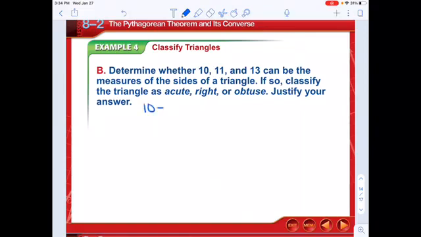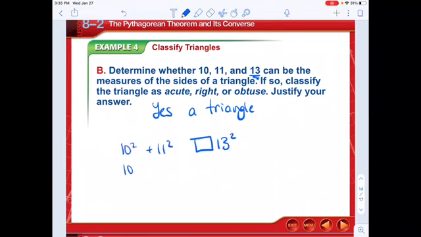Okay, so first of all, check to see if this can even be a triangle. Are these greater than 13? Quite obviously they are. So it is definitely a triangle. Now the question is, what kind? So the biggest number has to be the hypotenuse number. So we have 100 plus 121 is something to 169.